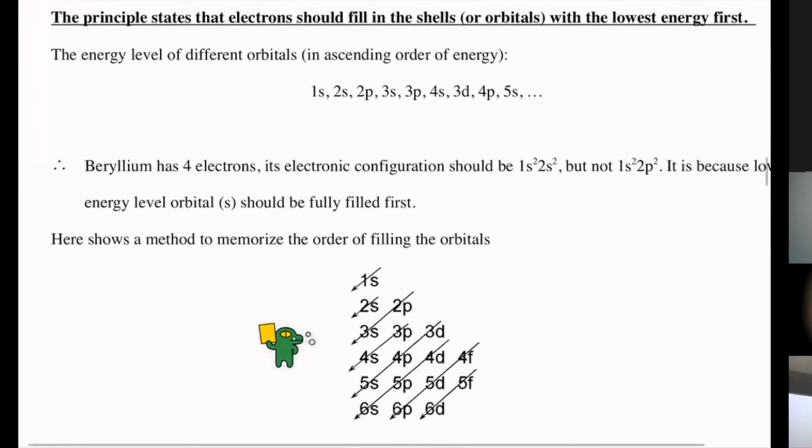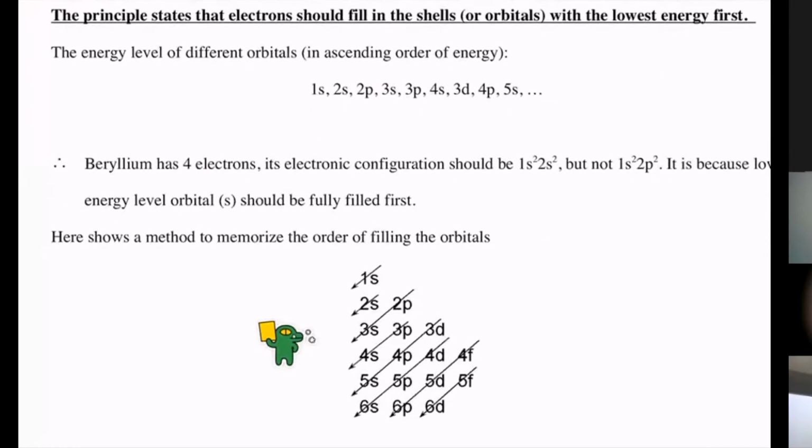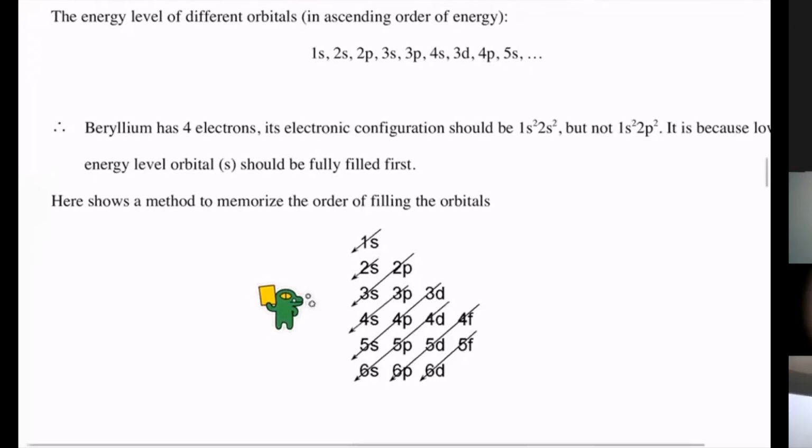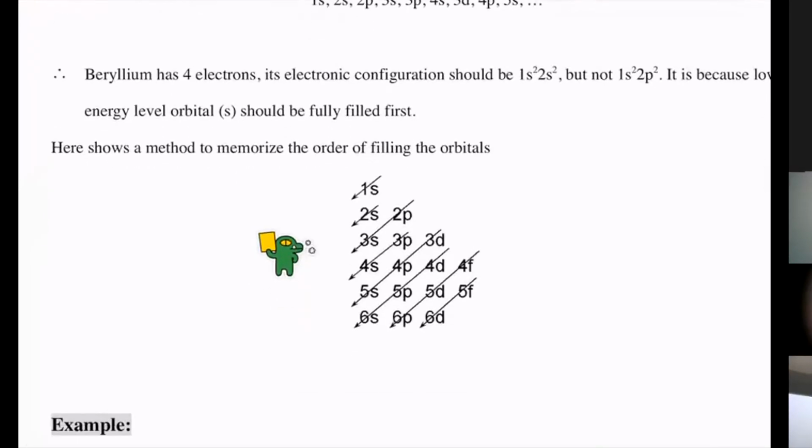So how do you know the energy level of those subshells? You write the subshells like this: 1s, 2s, 2p, 3s, 3p, 3d, and 4s, 4p, 4d. The rest of them you don't need to worry too much about in your syllabus.